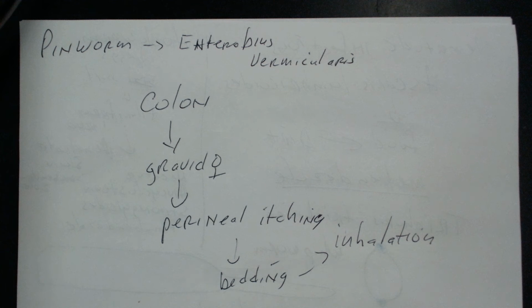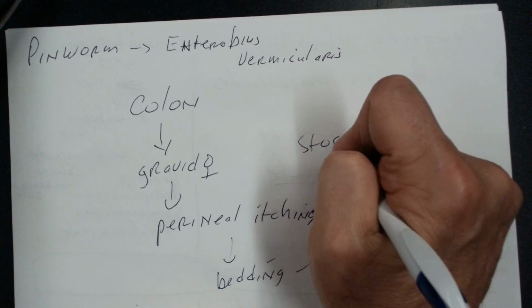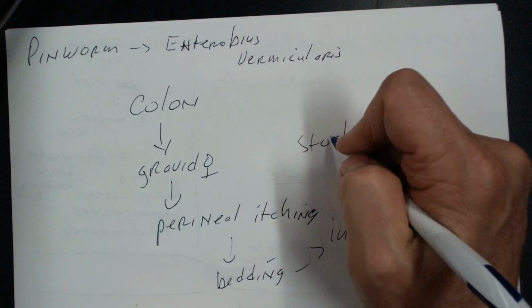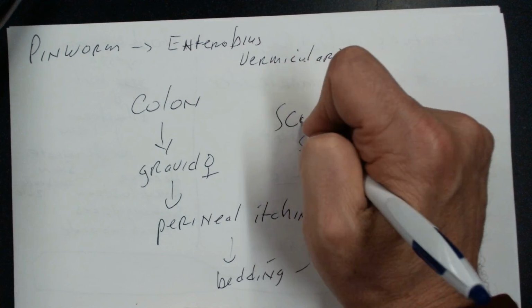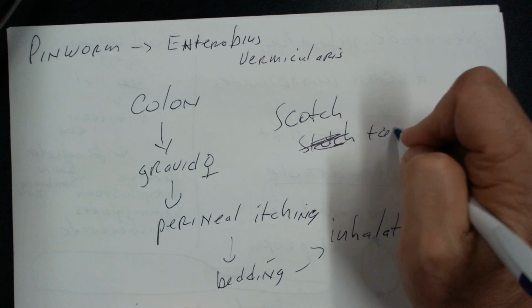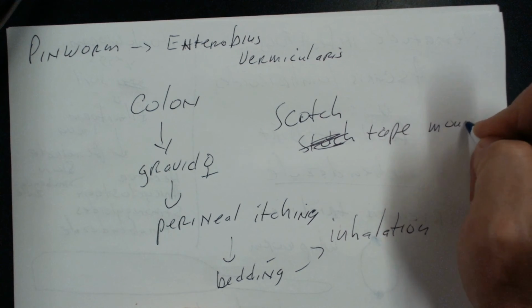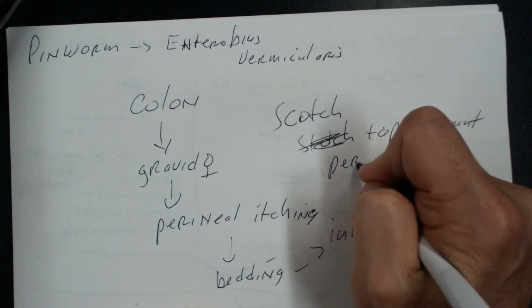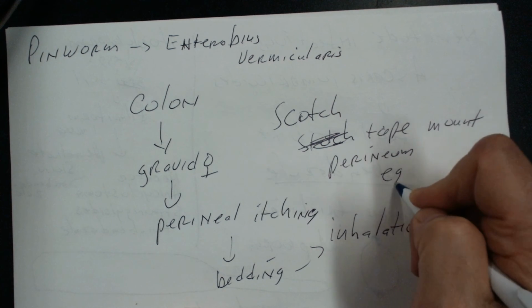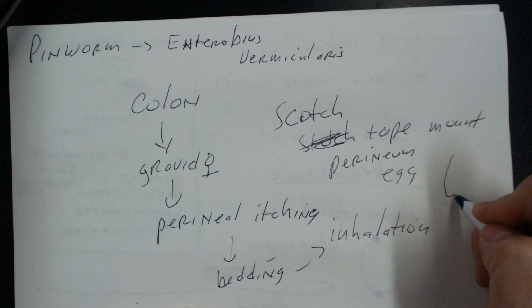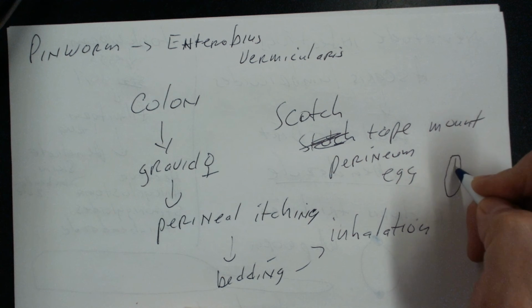Now, if a kid itches a lot and is sleeping very poorly, what you can do is a Scotch tape mount of the perineum, and you'll see the eggs, and the eggs look like tiny beans, but they have this little seam coming up the middle like that.